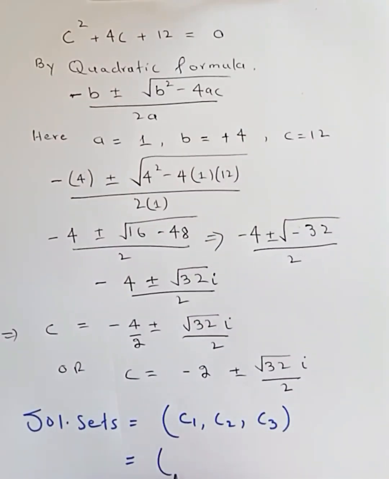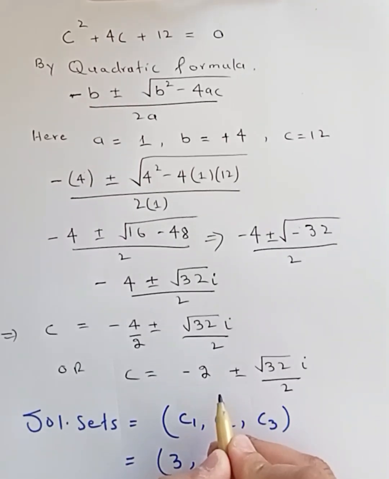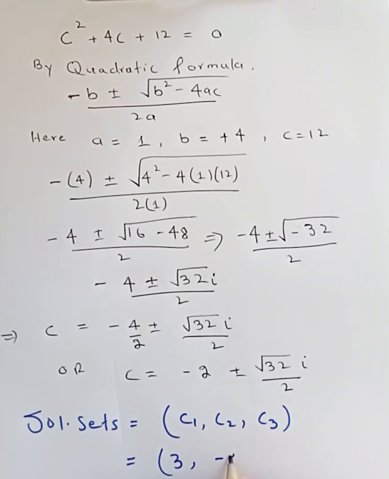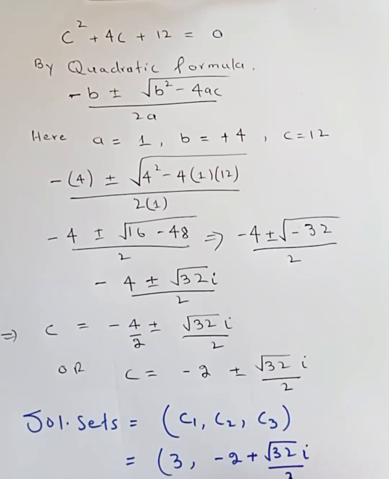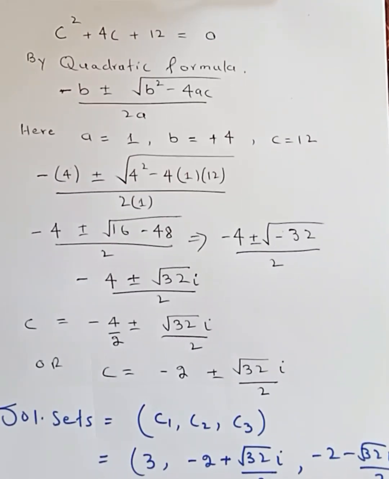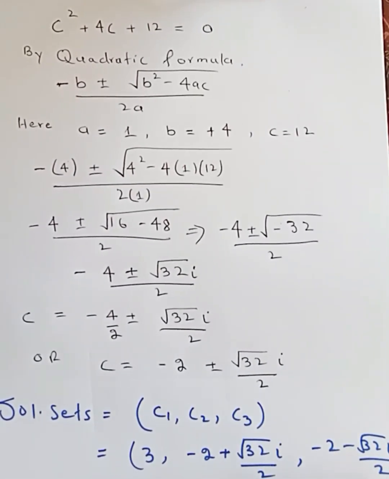So one solution is 3, and the other two solutions are in the complex world, imaginary numbers: minus 2 plus the square root of 32 iota divided by 2, and minus 2 minus the square root of 32 iota divided by 2. So these are the solutions.